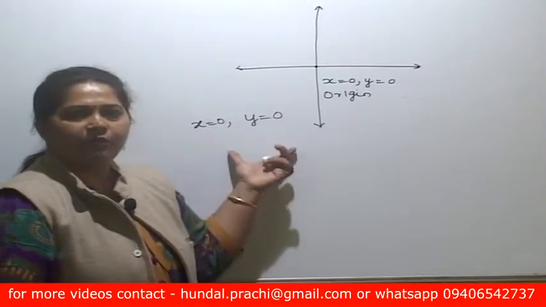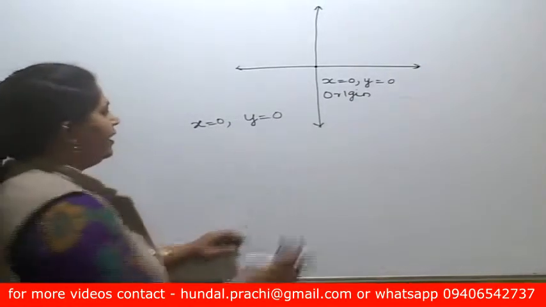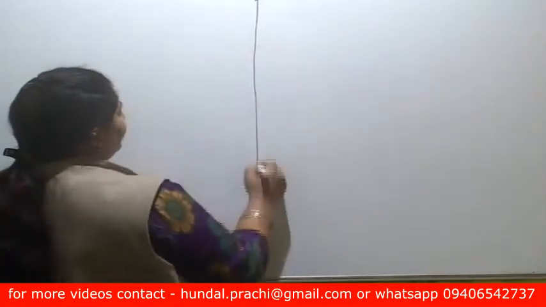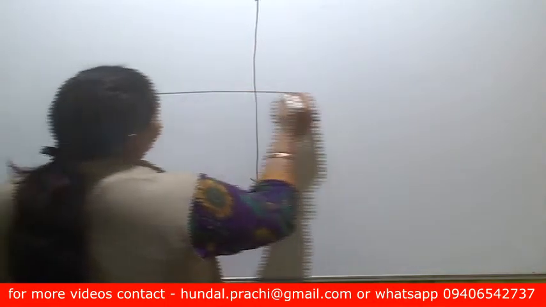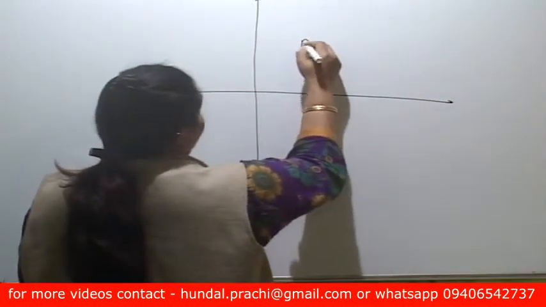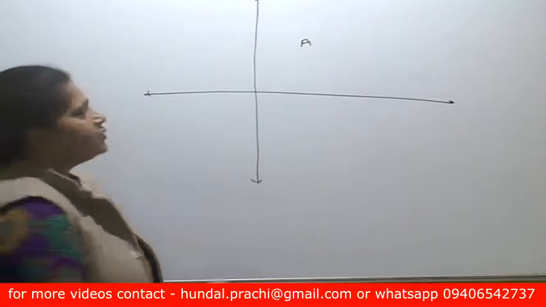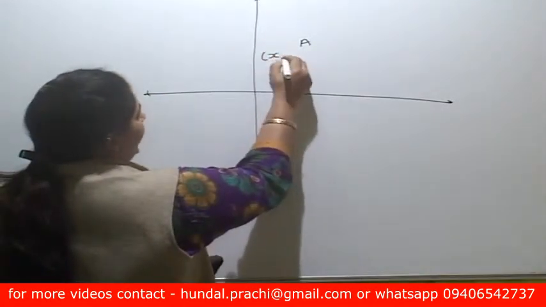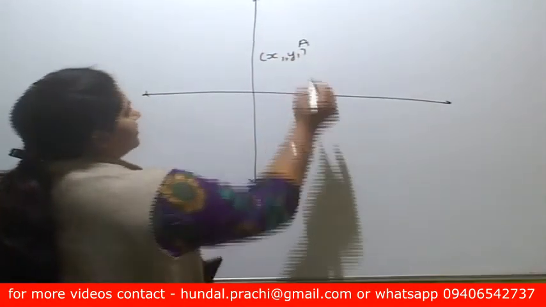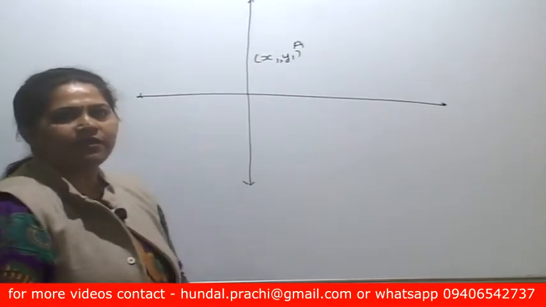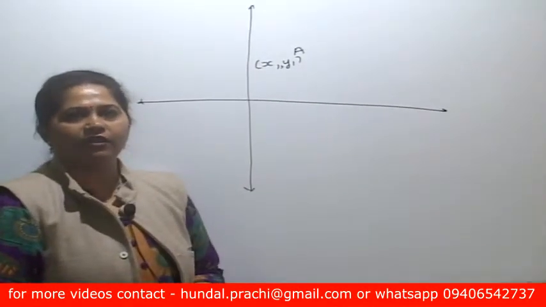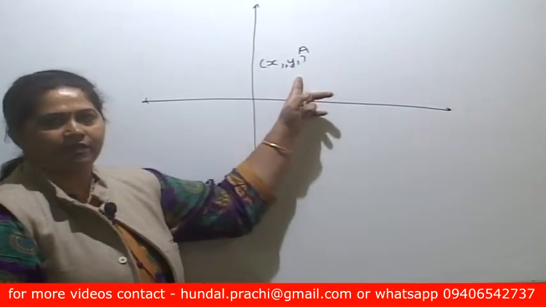Now, after giving you the basics of coordinate geometry, this time I want to discuss with you the formula to find the distance between any two points. Suppose there are 2 points given in a plane. I am taking one point A. This point A has, suppose, coordinates x1 and y1, that is the x-coordinate is represented by x1 and the y-coordinate is represented by y1.